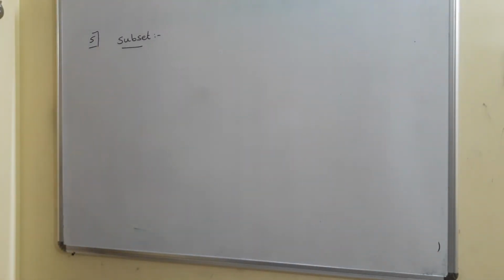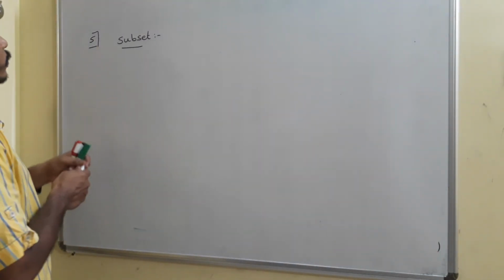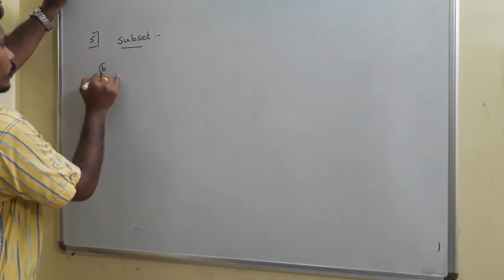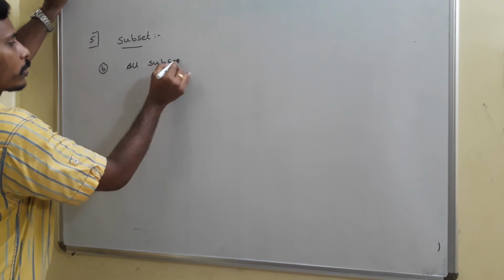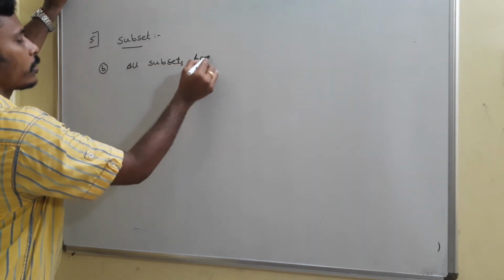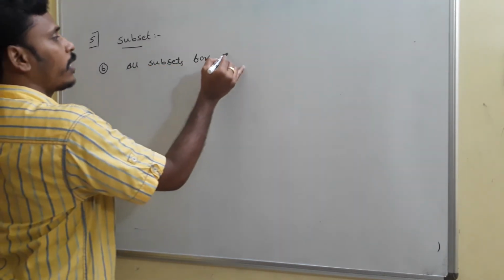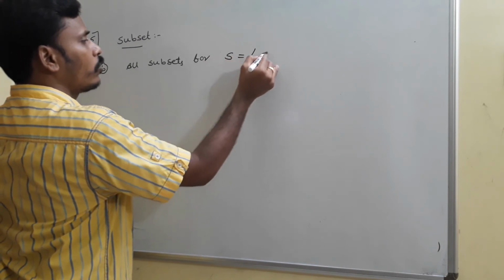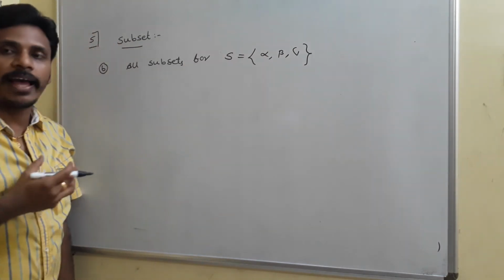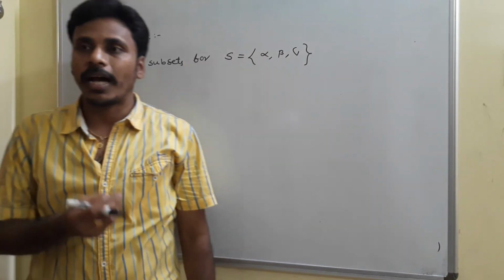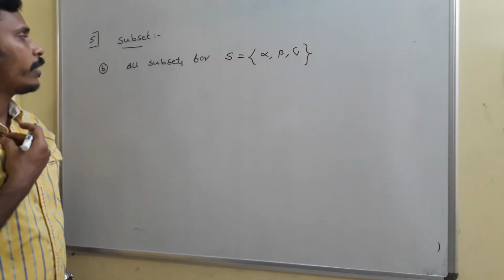Next, B: all subsets for the set S, which contains the elements alpha, beta, gamma. For example, I have a set which contains the elements alpha, beta, gamma.